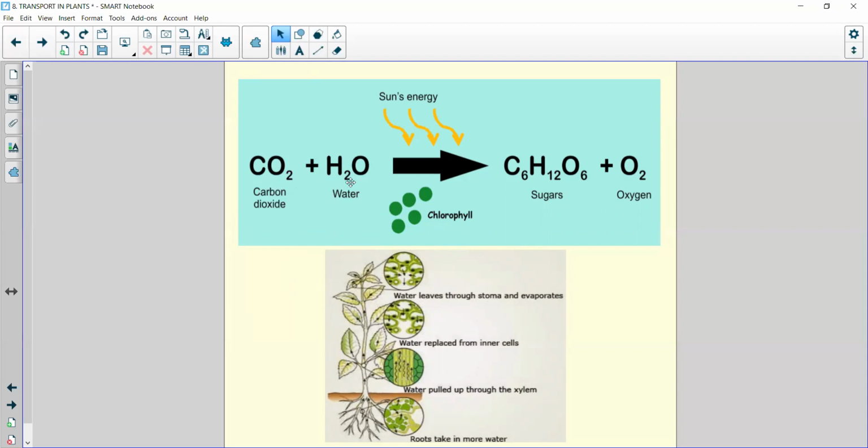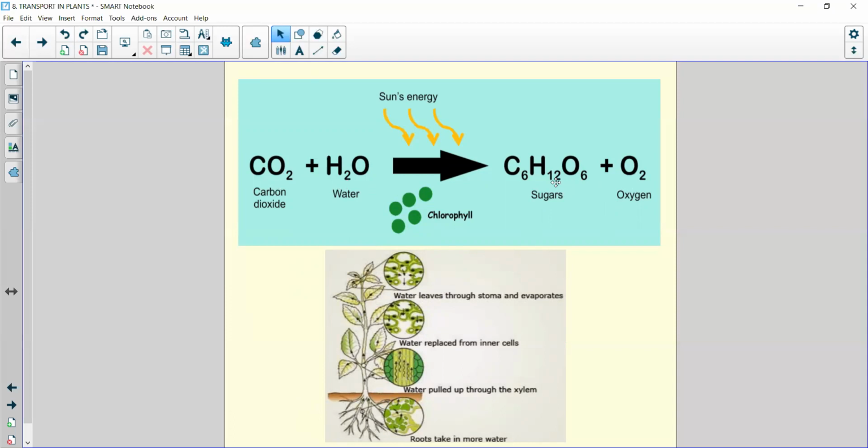But the water's a little bit more tricky because the water is in the soil, which is down here. So how do we get the water from the soil up the plant and into the leaves for photosynthesis to take place? And then similarly, once we've actually done the photosynthesis, well, the oxygen, again, is a wee bit like carbon dioxide. It's easier. It can just diffuse back out of the leaves, and we'll look at where.